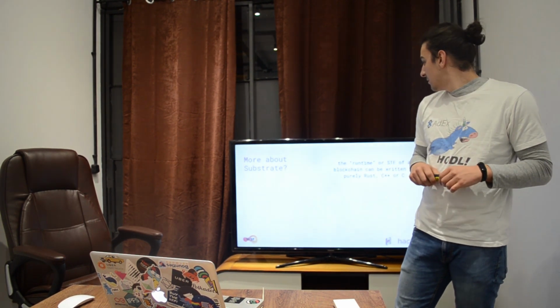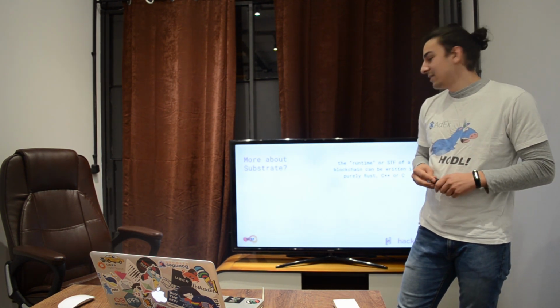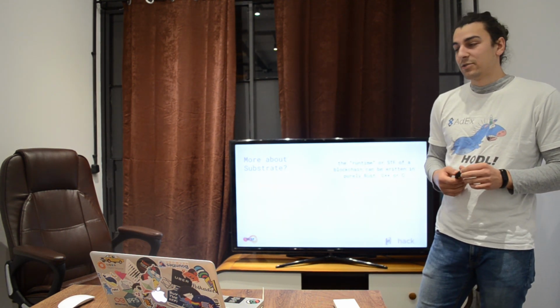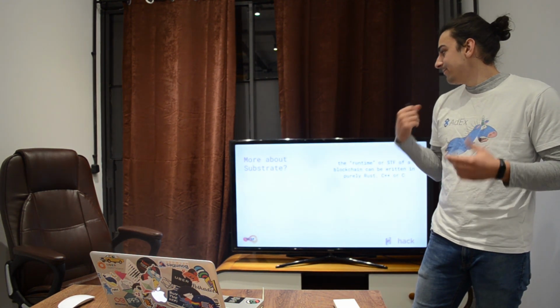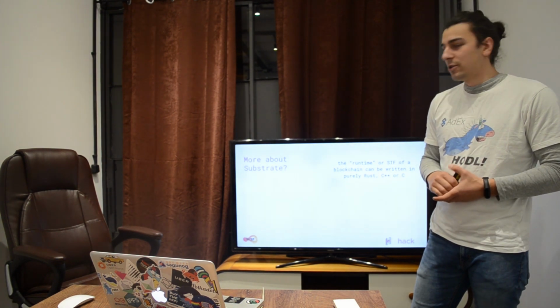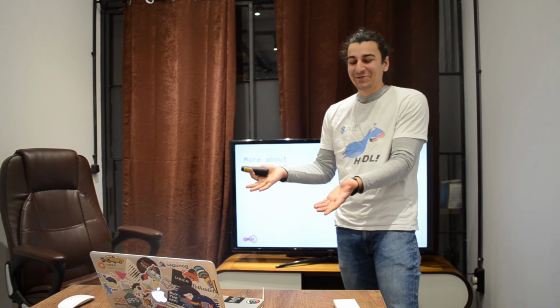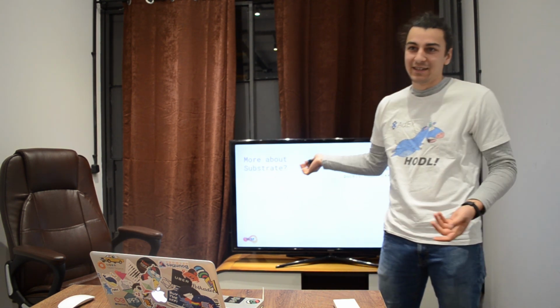Is it as easy to develop in Rust as with C++ and C? I haven't tried yet, but I believe Rust will be much easier because Substrate is written in Rust. So you can have an easier way to develop in Rust because it's natively Rust.